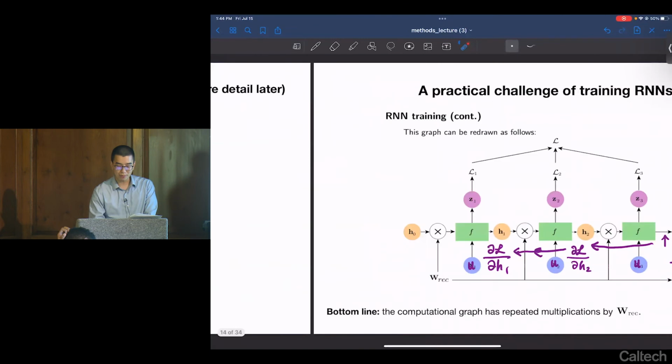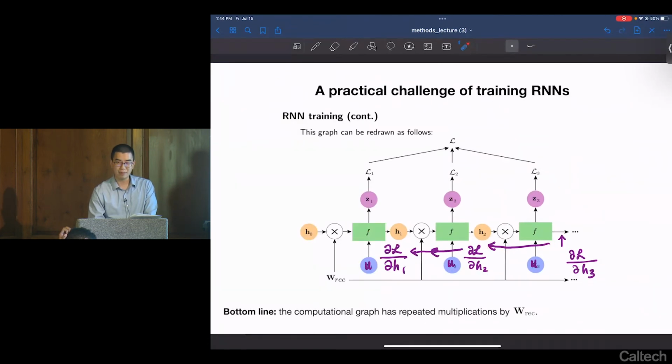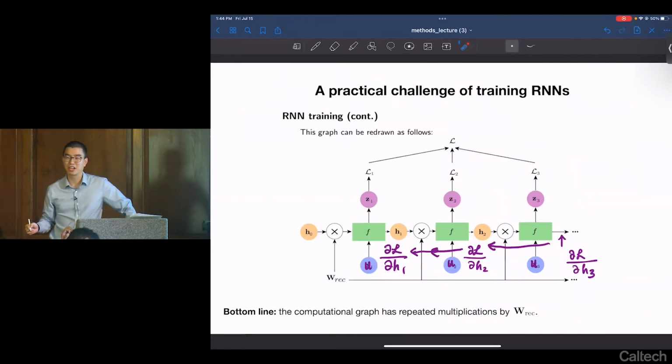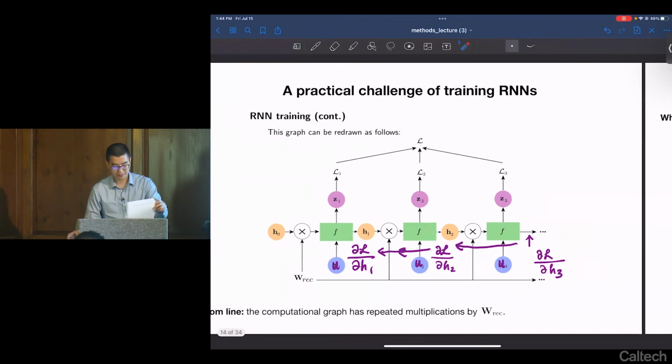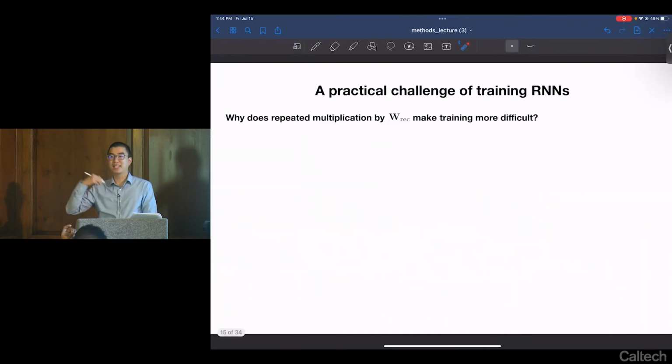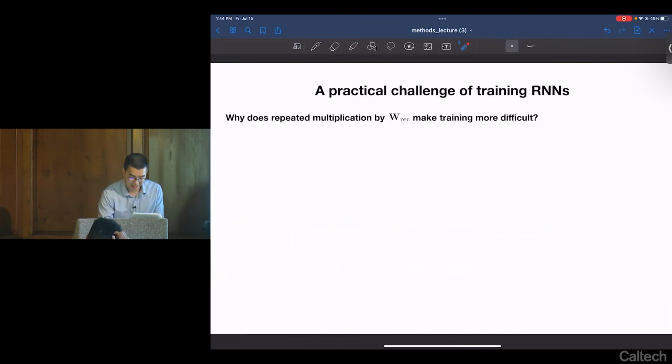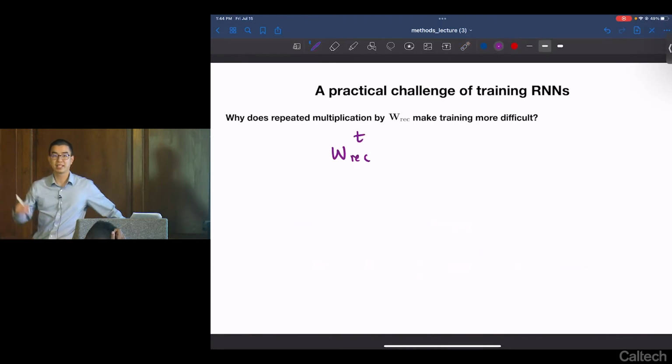So when I backpropagate over time, this algorithm is called backpropagation through time, my gradients are going to be multiplied by W_rec over and over again. This is a really big problem for the following reason. Let's say I backpropagated lowercase t time steps. I'm going to have to multiply by W_rec t times.